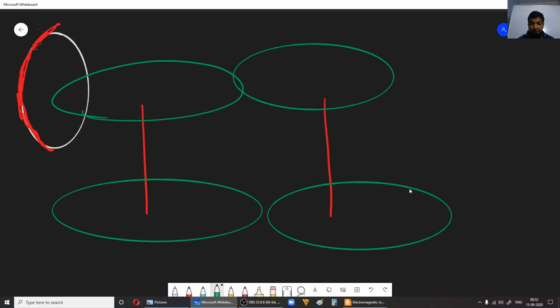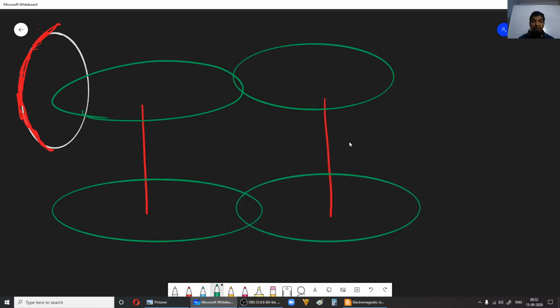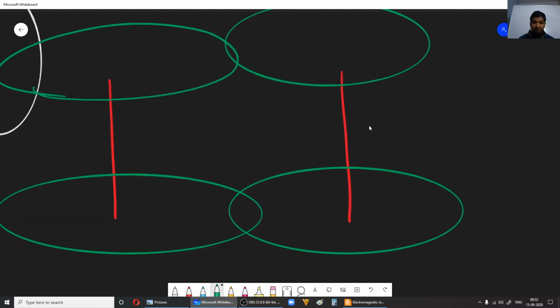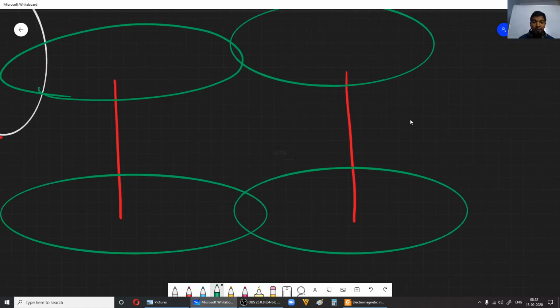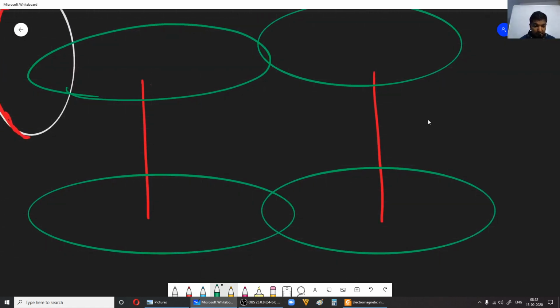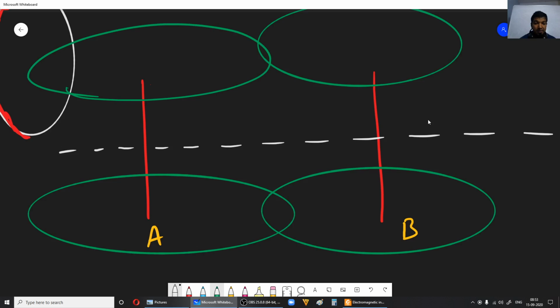Now consider the net magnetic field through any loop. This is loop A and this is loop B. You are able to see the edge and this is the axis. Now this is easy to understand. These are the magnetic field lines. It goes like this, correct?